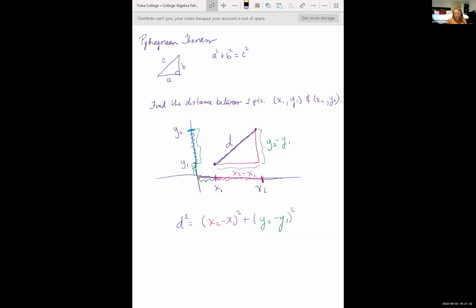So let's just plot that one real quick. We'll go over 4 to the right, down 3. We have point B. Point B is 4, 1. And we have point C, and C is 2, 1.